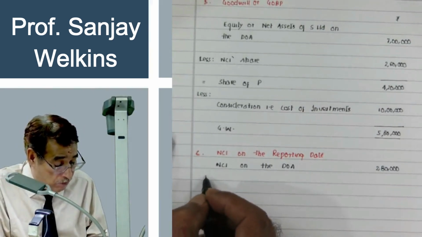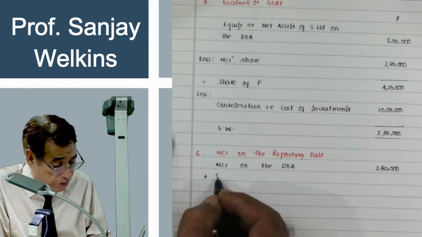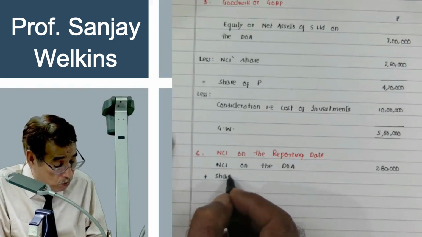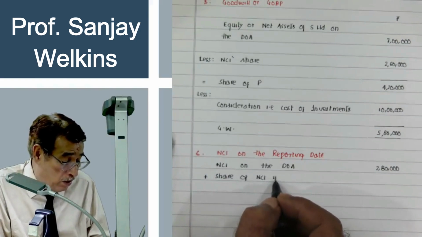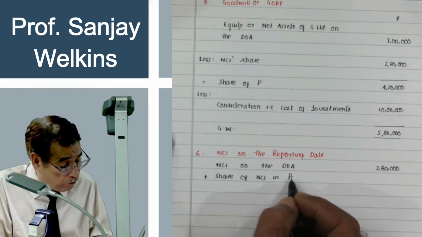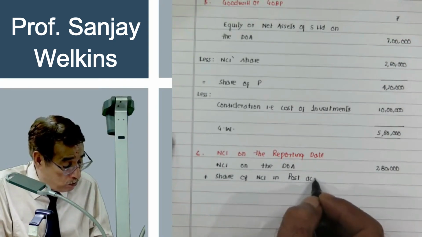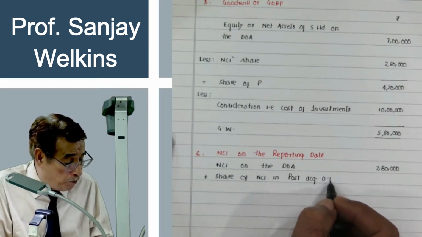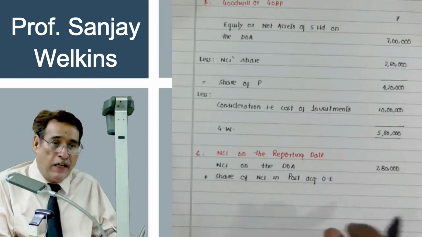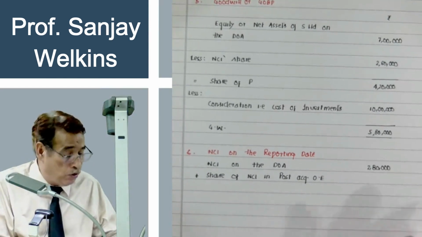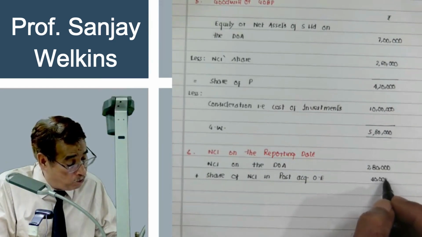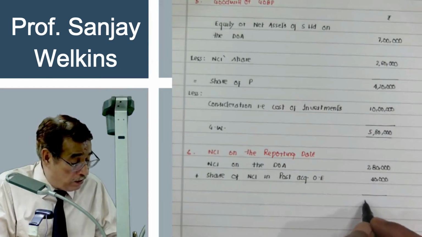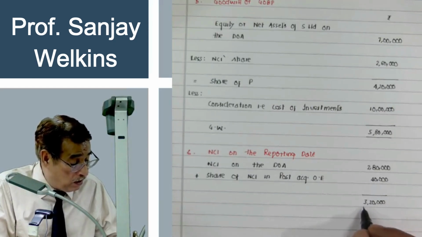And now we will add here the share of NCI in post-acquisition other equity. Post-acquisition other equity was 1 lakh as we just saw. Out of 1 lakh, 60,000 belongs to us, 40,000 belongs to NCI. So at the end of the year, the NCI balance is 3,20,000.